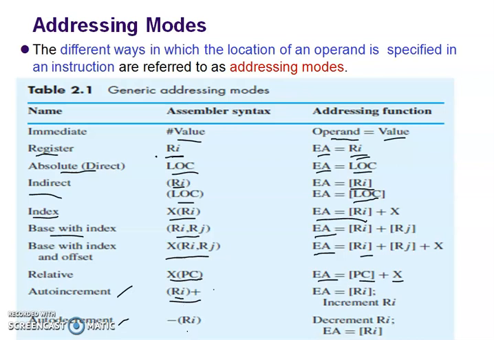Similar is the case with auto decrement, but in that case the effective address is taken after decrementing the value in Ri. Okay, so these are the different addressing modes in order to represent the location of the operand that is given in the instruction.